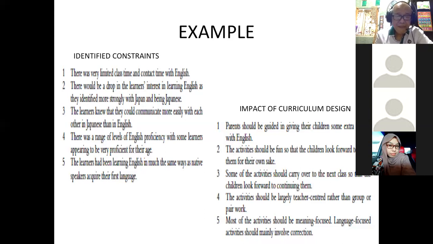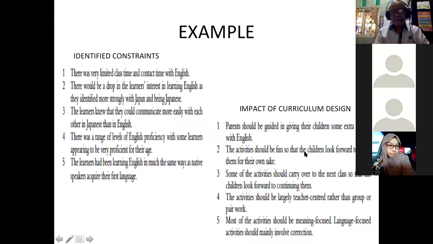And if you identify some other example as a constraint, like the learners have been learning English in much the same way as native speakers acquire their first language. If you believe that English may be acquired the same way as the children of the English-speaking community acquire their first language, then how would you translate this into your curriculum, in your course? So this kind of constraint might affect the curriculum design.